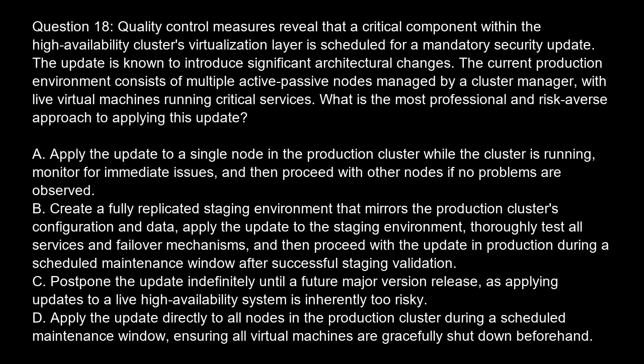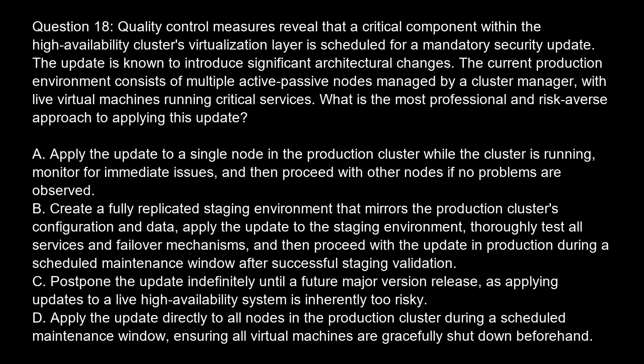Option A. Apply the update to a single node in the production cluster while the cluster is running, monitor for immediate issues, and then proceed with other nodes if no problems are observed. Option B. Create a fully replicated staging environment that mirrors the production cluster's configuration and data. Apply the update to the staging environment. Thoroughly test all services and failover mechanisms, and then proceed with the update in production during a scheduled maintenance window after successful staging validation.